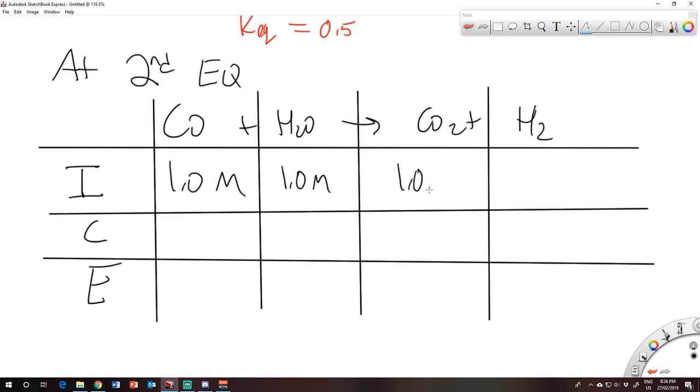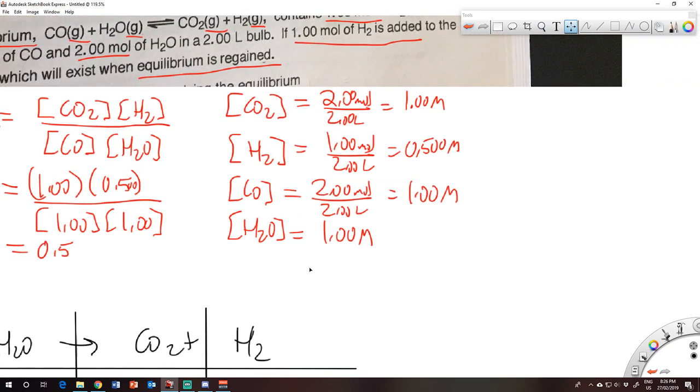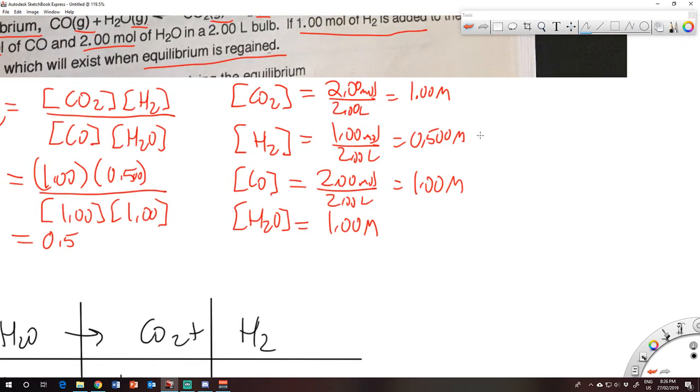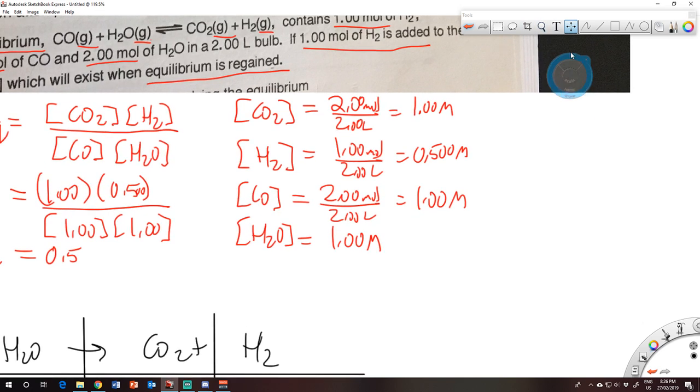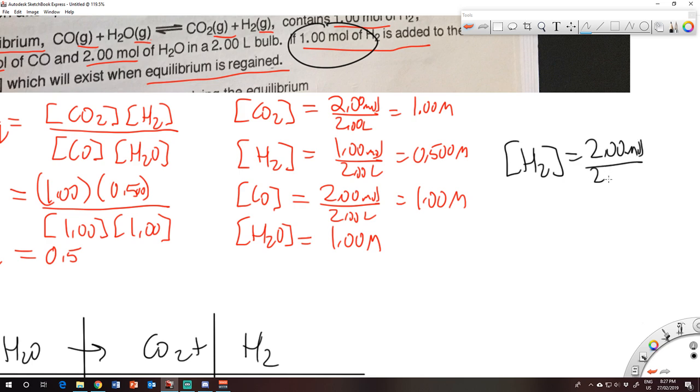Now, if you don't quite understand how H2 becomes 1 molar, we'll go back to here, and the new concentration, since we're adding 1 mole, so then the new concentration of H2 will be 2.00 moles over 2.00 liters for 1.00 molar.